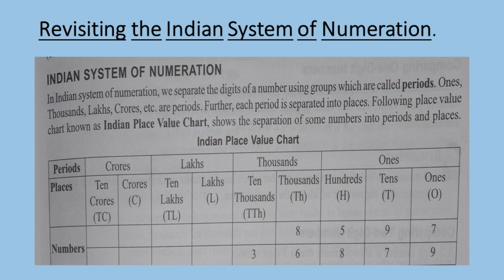And each period is separated into places. The ones period is separated into the following places: ones place, tens place and hundreds place. The thousands period is separated into thousands place and 10,000s place.